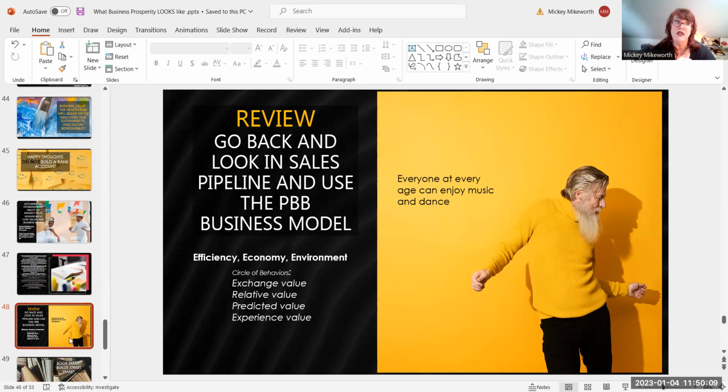One of the things about building in times of economic downturn is that you must readjust the wheels. You must readjust the wheels in economic upturns just as well. And then really look at that circle of behaviors, those values, the exchanges for what your customers receive, right? That exchange value, relative value, predicted value, experience value. Did they have a great time while they were doing it?